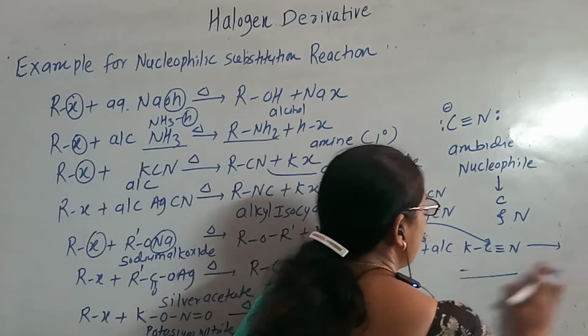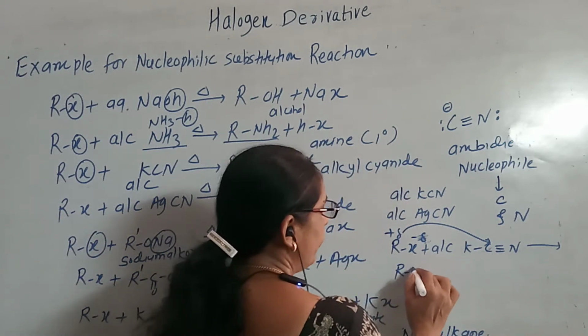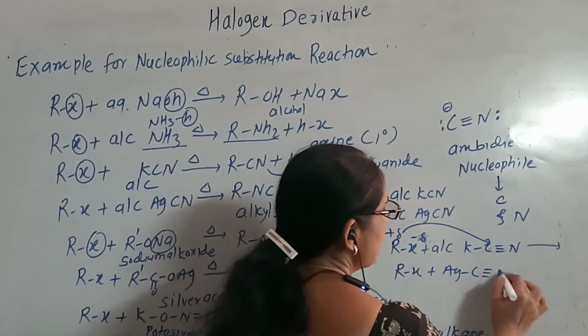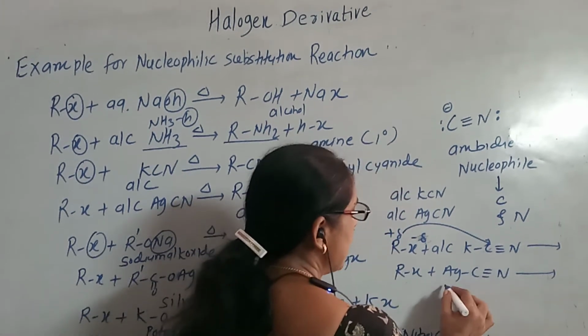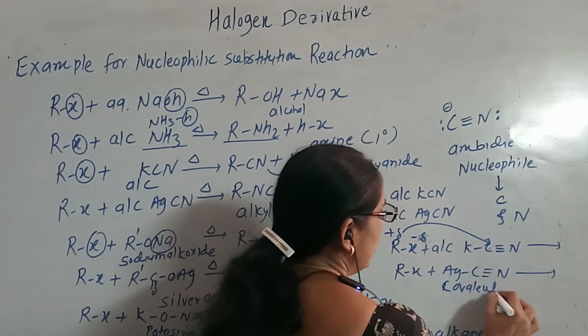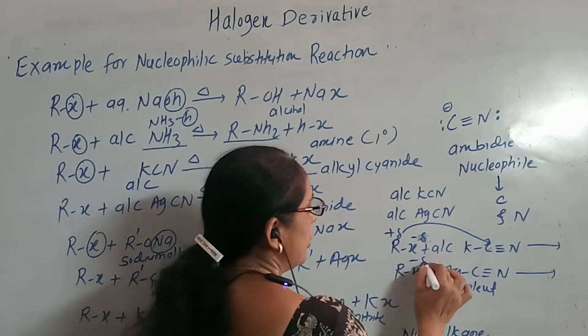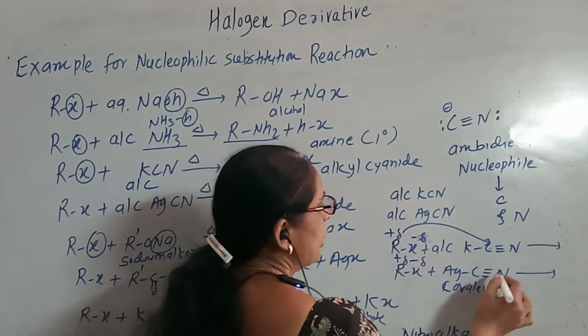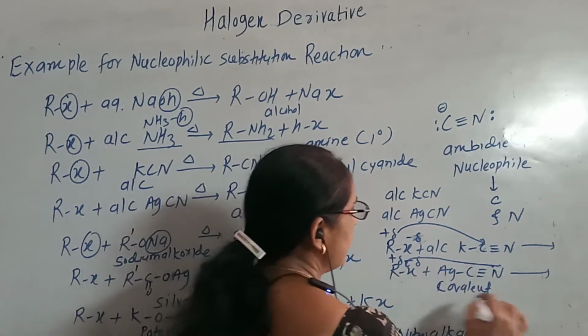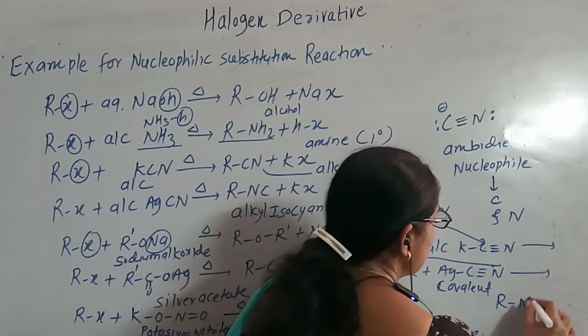What happened in the case of silver cyanide? When alkyl halide is reacted with silver cyanide, as silver cyanide is covalent in nature, the reaction occurs through the nitrogen and you get the product in reverse, that is RNC.